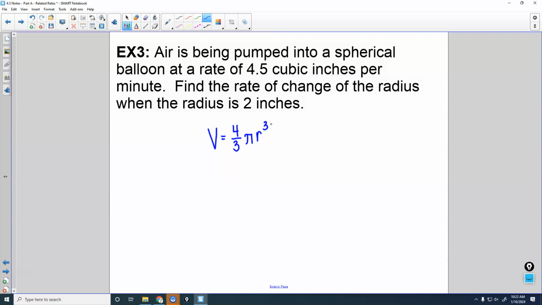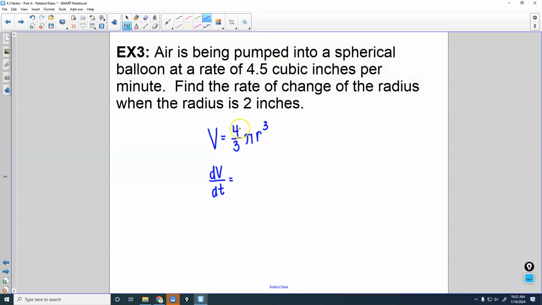Okay, we're going to need to take the derivative of that. So when we take the derivative, the derivative of V is going to be dV/dt. Okay, just like the last problem, 4/3 pi is a coefficient, right? If we could type that into the calculator, we could get a decimal for it. So when we take the derivative of this, it's just a simple power rule.